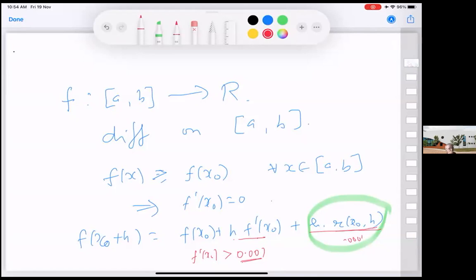We could also have done it the way we argued last time, by the derivative definition. Let's see how we had done it last time.